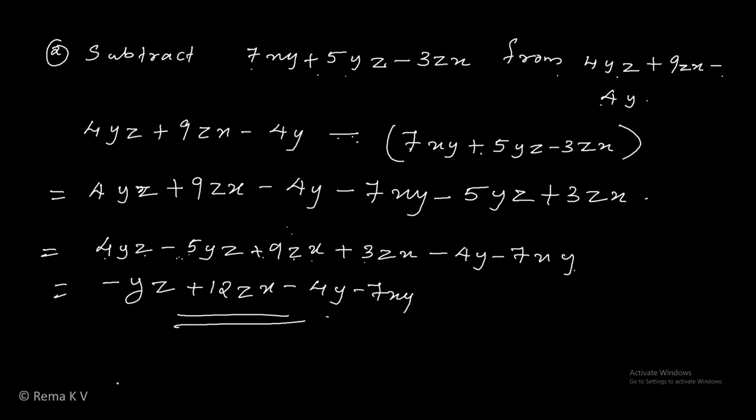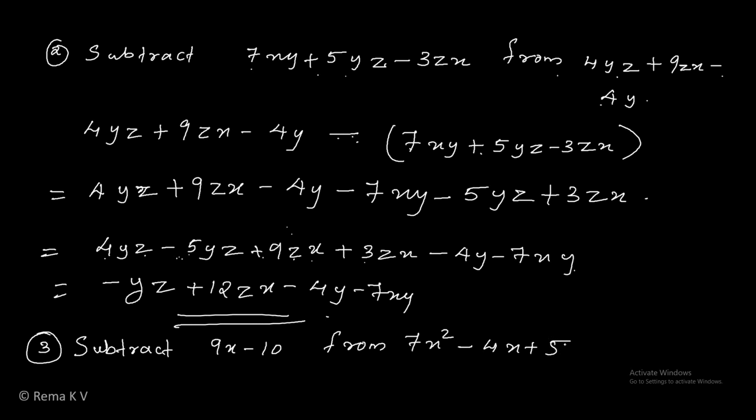Okay, let us move to the next one. Third question. Subtract 9x minus 10 from 7x square minus 4x plus 5.